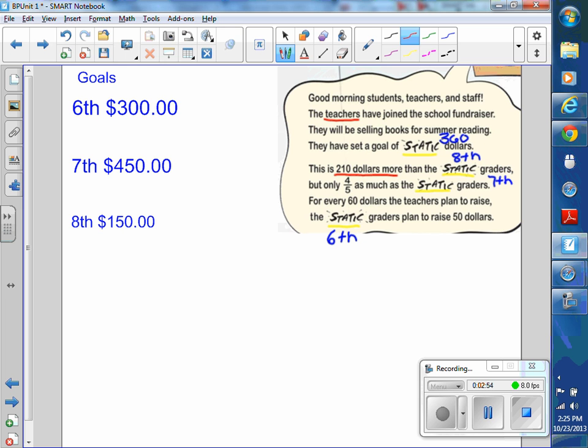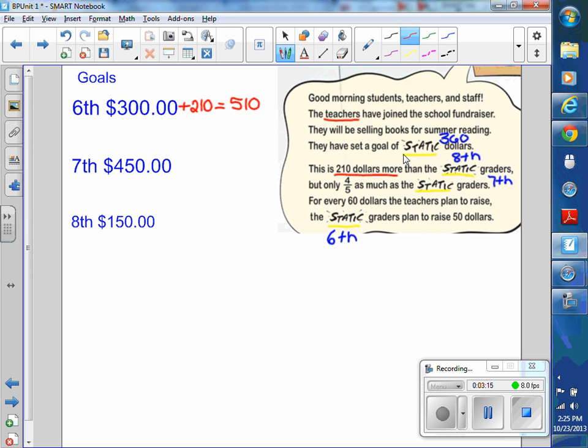And one of them would be if I just added 210 to 300, one possible choice would be $510. That's one possibility, because if the teacher's goal is $210 more than one of the classes, that's one choice.